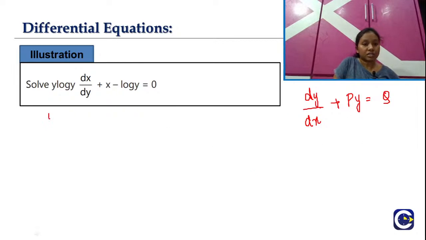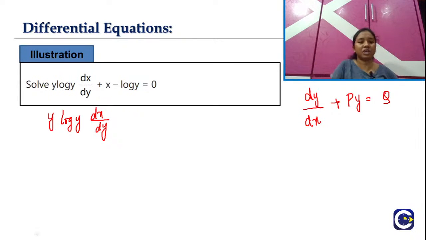So let's rewrite the first one: y log y dx by dy. So here it is dx by dy. The terms can be rearranged, so no need to worry.